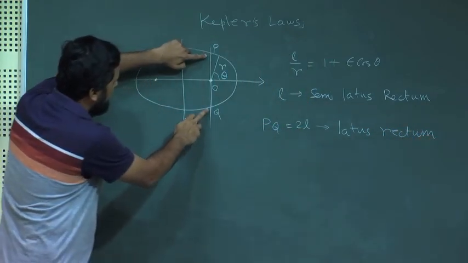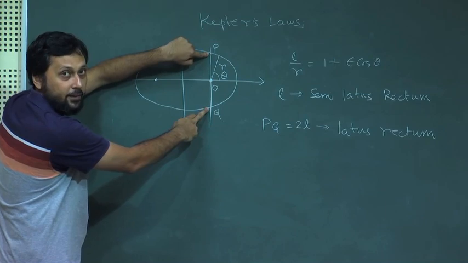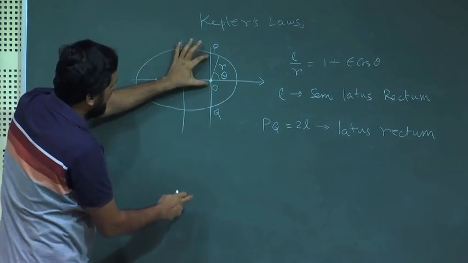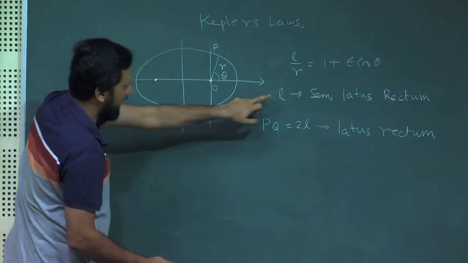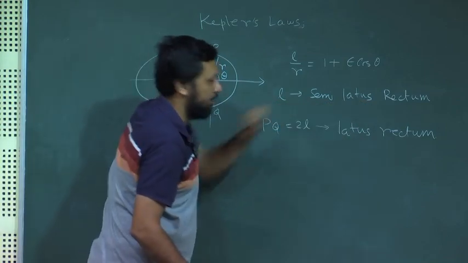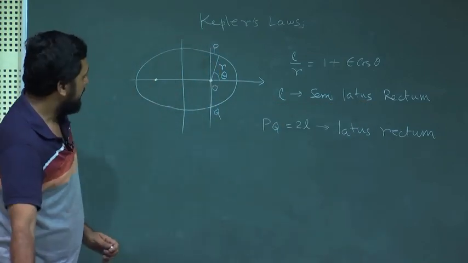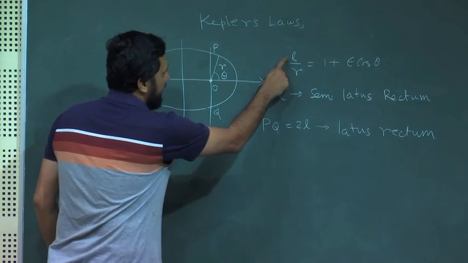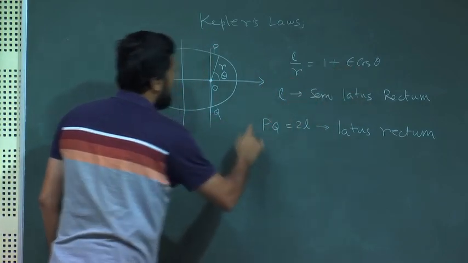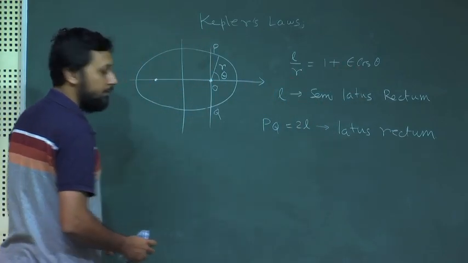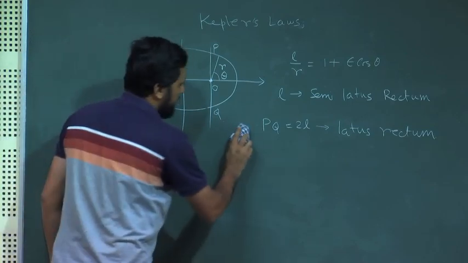Half of it, OP, equal to L, is the semi-latus rectum. So we know what is L, what is r, and what is theta. Epsilon, of course, is the eccentricity.